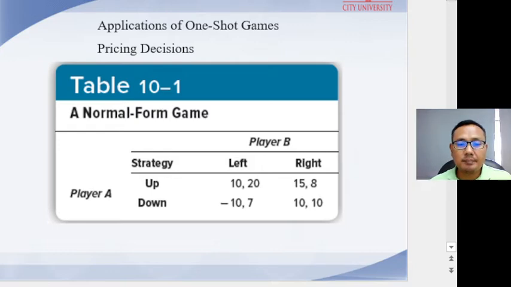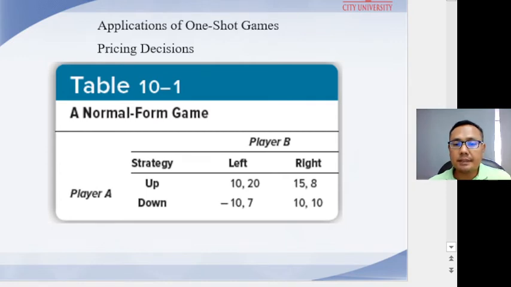Player A has two possible strategies. He can choose up or down. Similarly, the feasible strategies for player B are left or right. This illustrates that players may have different strategic options.